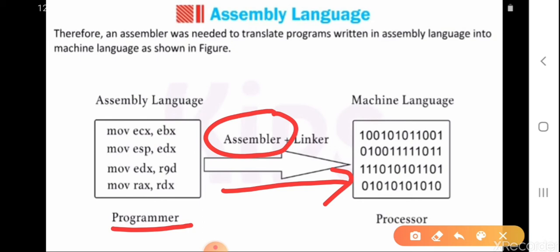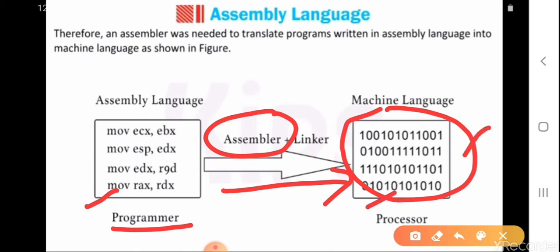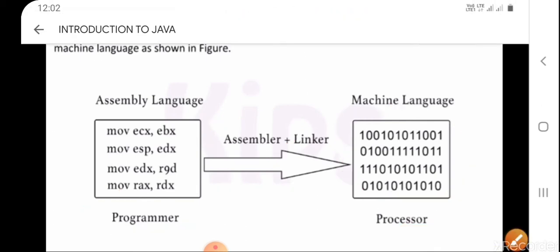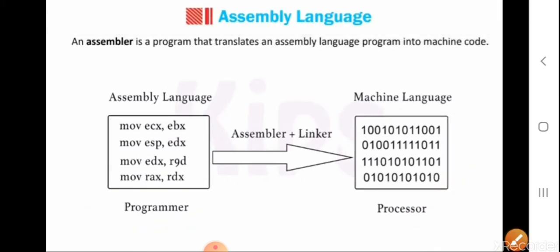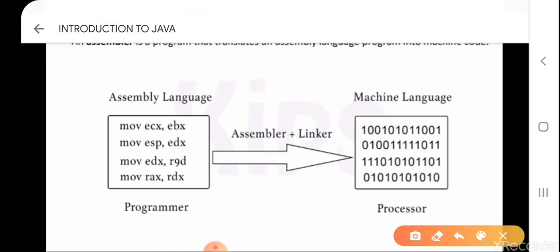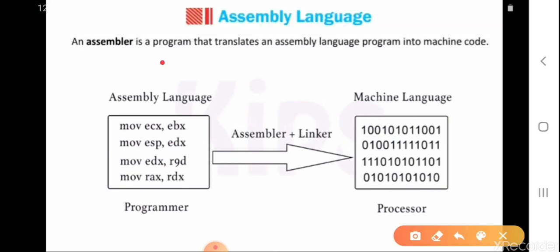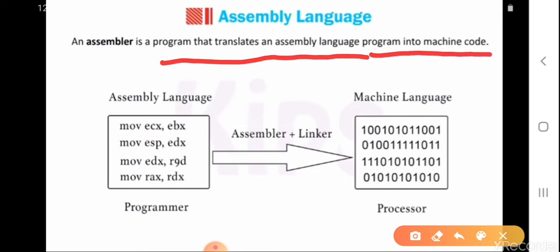Now that the program was converted into machine language, the computer can understand. So a translator program like an assembler was needed. What is an assembler? An assembler is a program that translates an assembly language program into machine code.